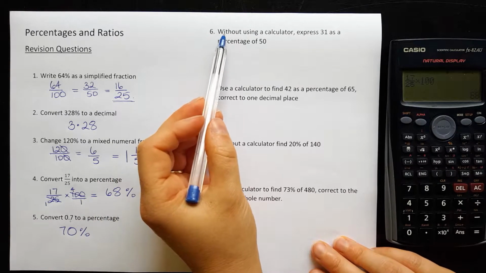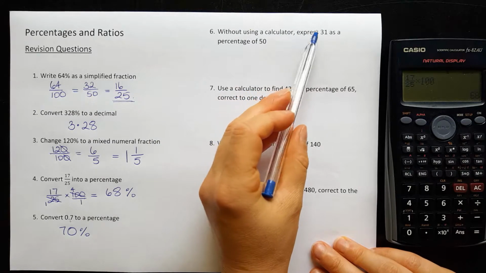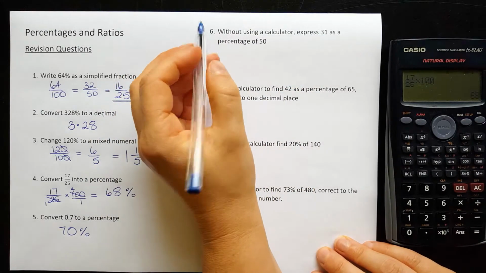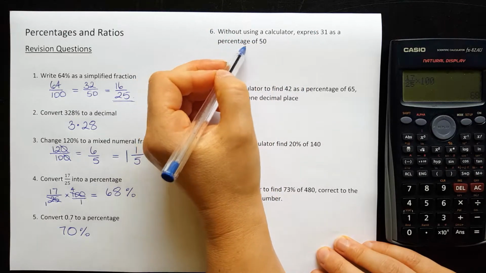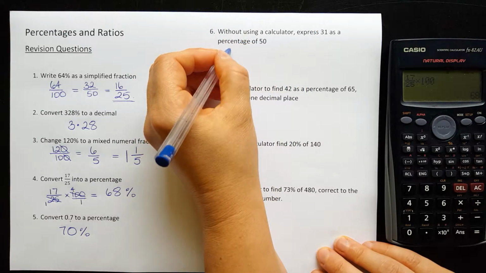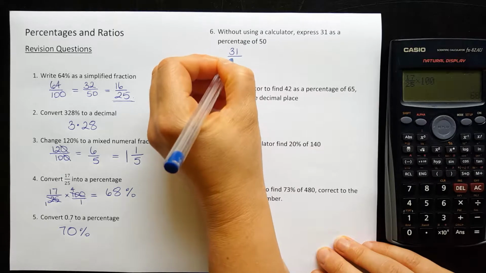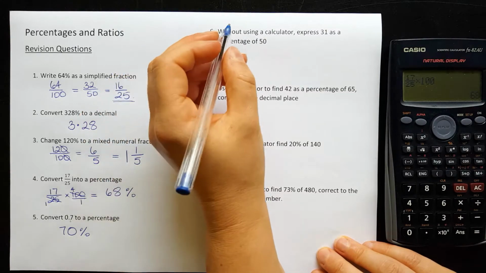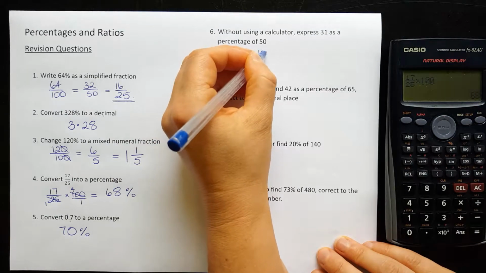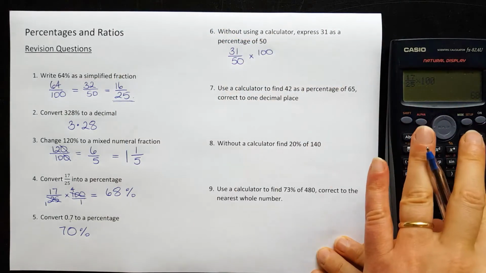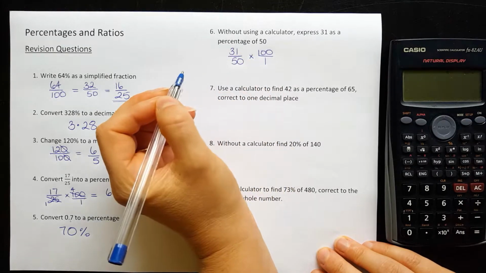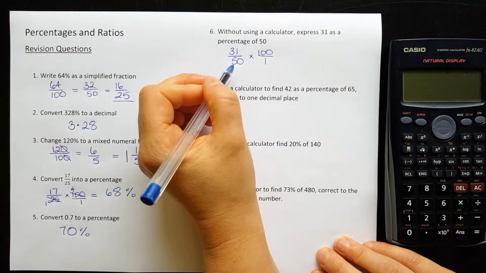Question 6, without using a calculator, express 31 as a percentage of 50. So I can write 31 out of 50 as a fraction. To make it a percentage, I need to multiply by 100. This time it says I'm not allowed to use the calculator, so I need to do the method of putting this over 1 and seeing what I can cancel.